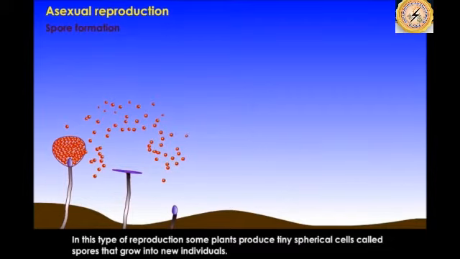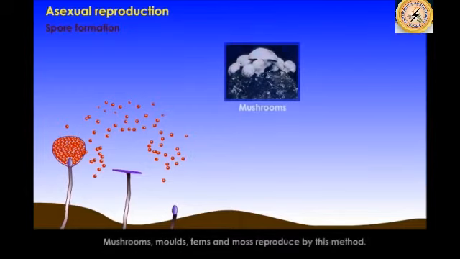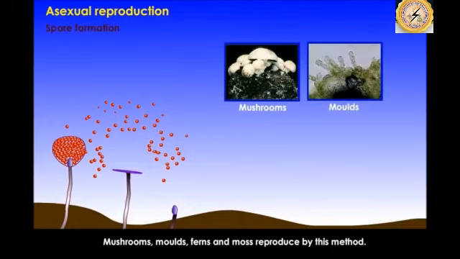In the case of spore formation, reproduction occurs in some plants which produce tiny spherical cells known as spores that grow into new individuals. And these spores are so light that they can float through the air also. So they are spread out by means of the air.